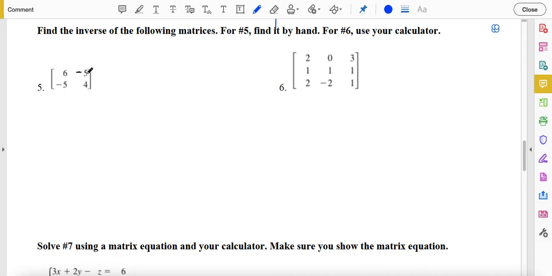So how do we find the inverse of a matrix? Well, if this were matrix A, the way that we would find the inverse is the following formula.